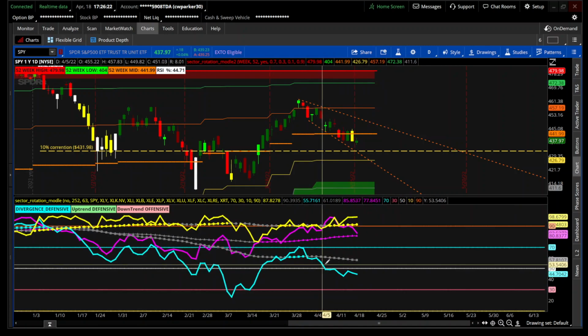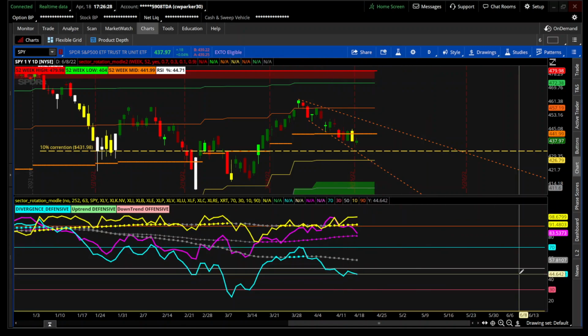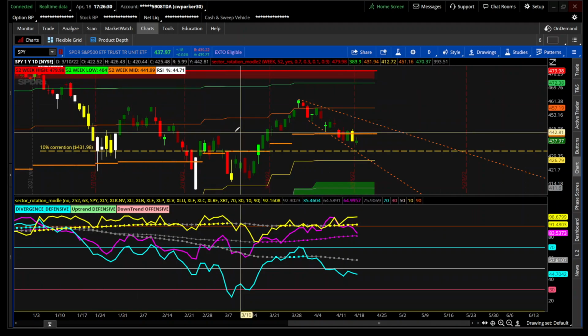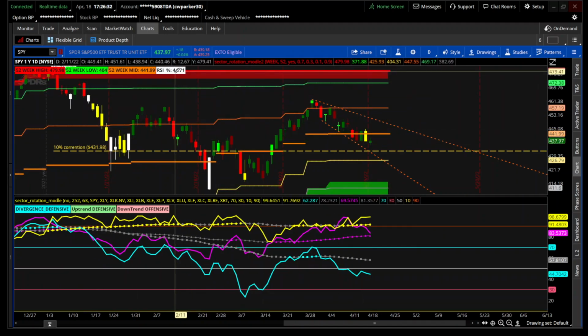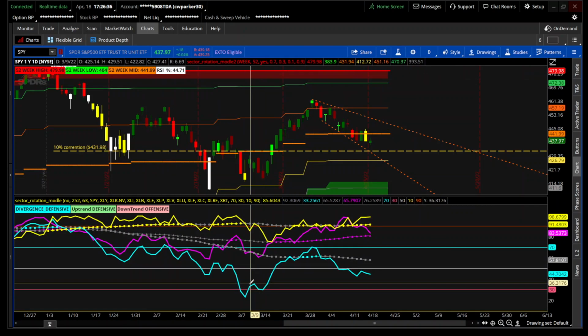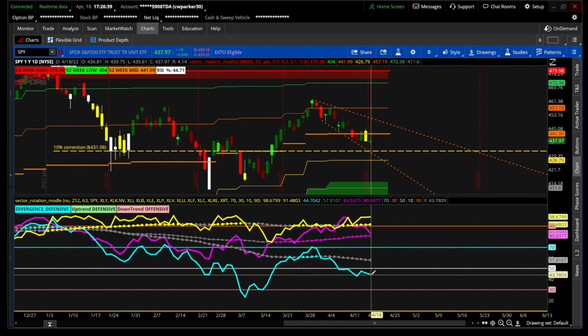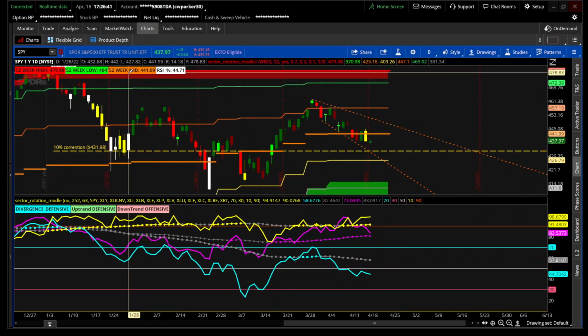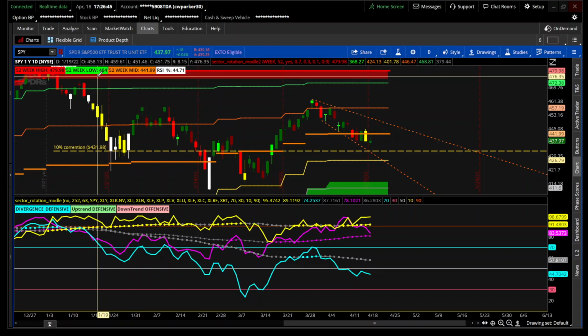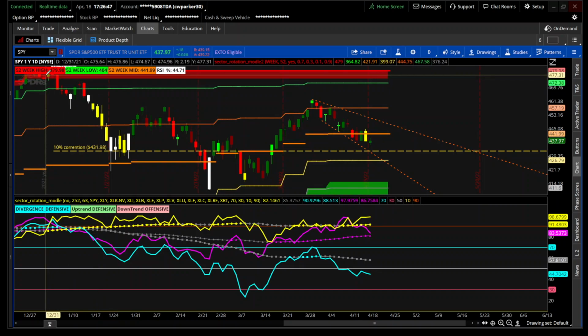These are based off the actual prices in the sectors themselves, and it represents where they are. We can look right here, and this is the S&P 500, and right now it's at 44.71. That's basically down here. This is the 52-week mid, 52-week low, and 52-week high for the S&P 500.